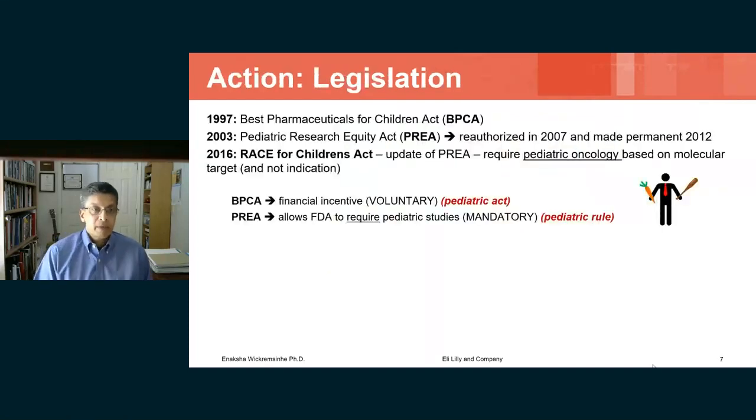So what has happened? Obviously our regulators, FDA and global regulators, do understand that there is a need for testing. And in response to that, several acts have been passed to encourage the testing of drugs in children, as well as to enforce these requirements.